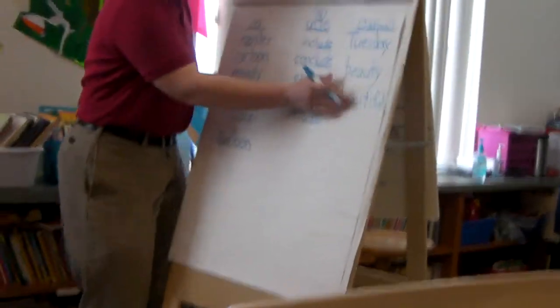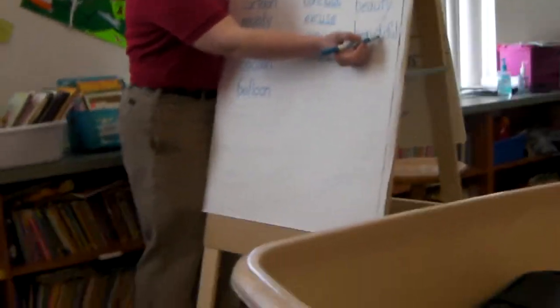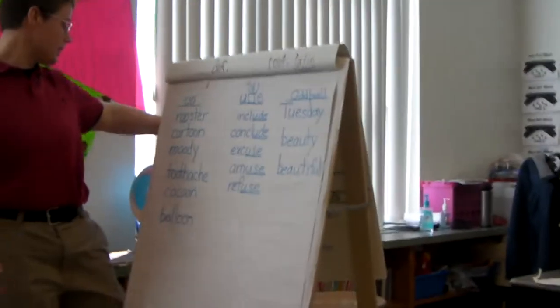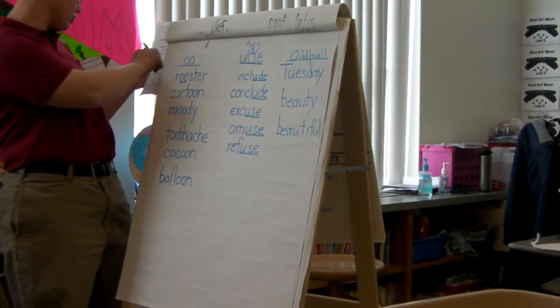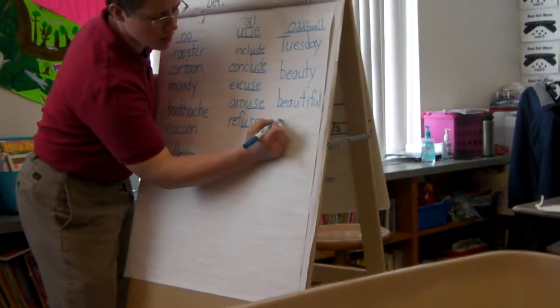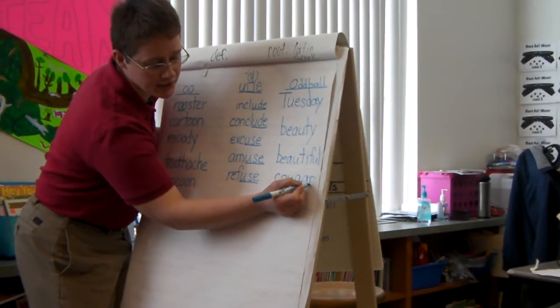Like I said, not on your list, but beautiful is just a hard word to remember, but that's maybe a way that could help you. And I think those are the two tricky ones. And then there's the word cougar, which is C-O-U-G-A-R. Not E-R, guys. A-R.